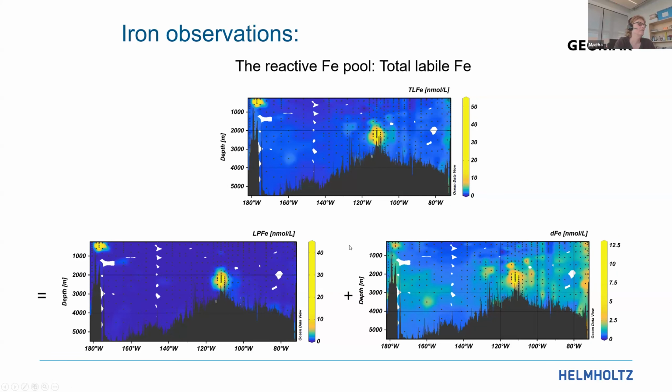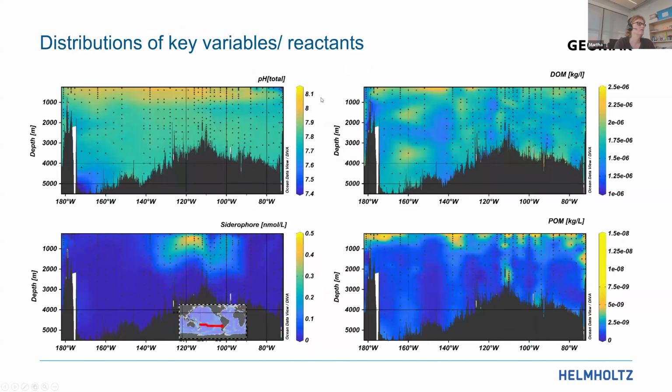And then to go with our iron concentrations, we need the distributions of the key variables and reactants. So we need to have pH. So we measured DIC and alkalinity across the transect in order to derive pH. We need a quantity of DOM.